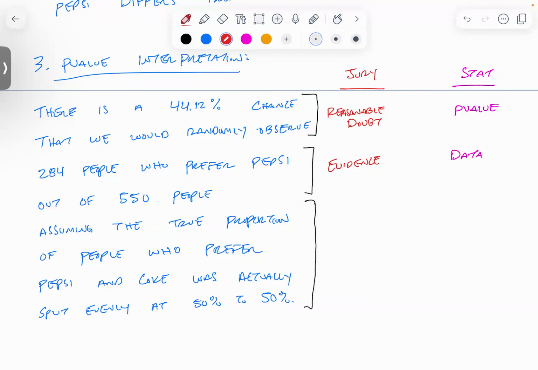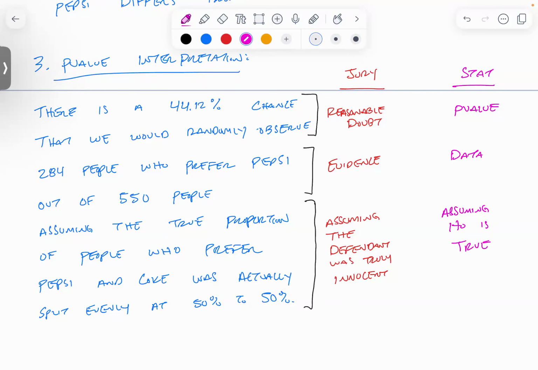And then the last part is saying, assuming the defendant was truly innocent. Because all of this interpretation is based on the assumption the defendant is innocent, that is, assuming H0, the null hypothesis, is true.